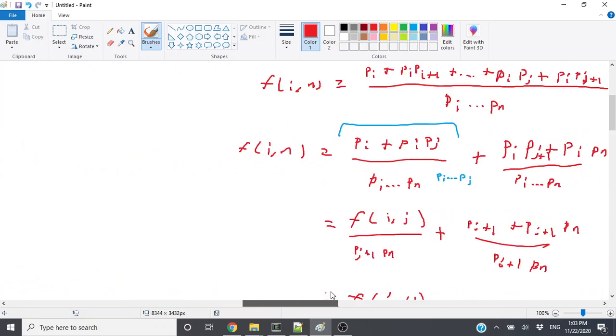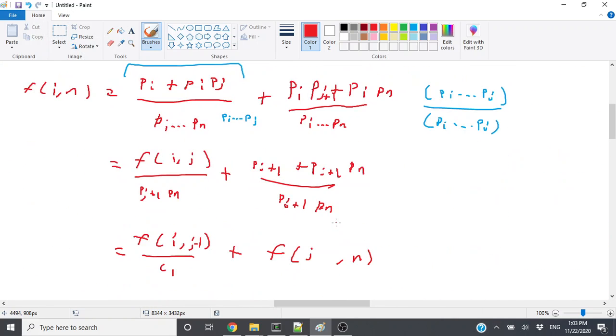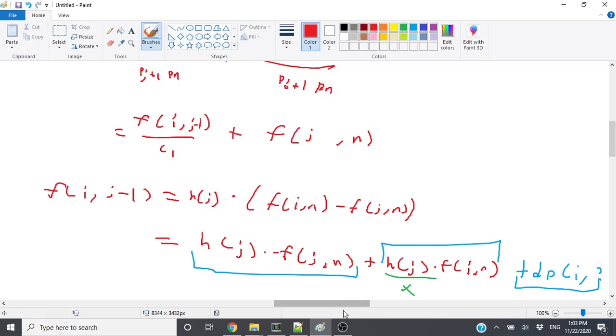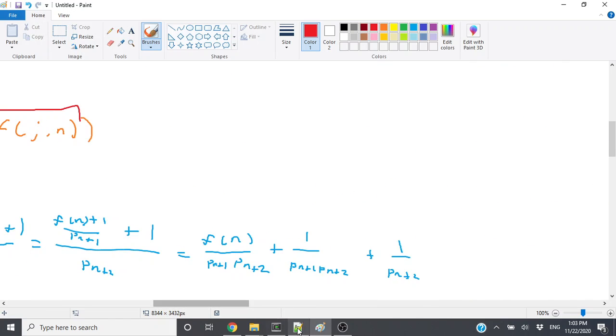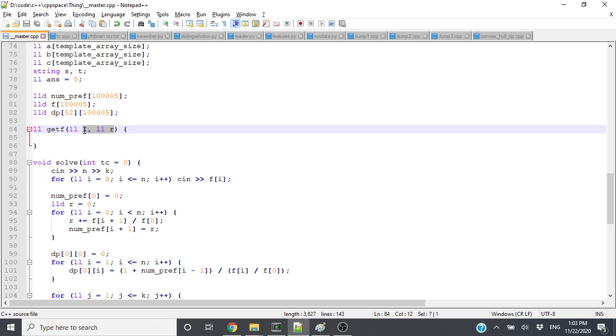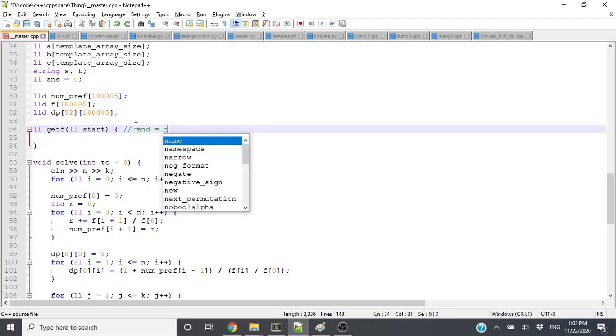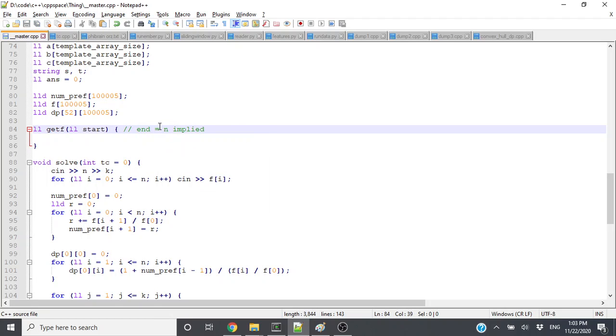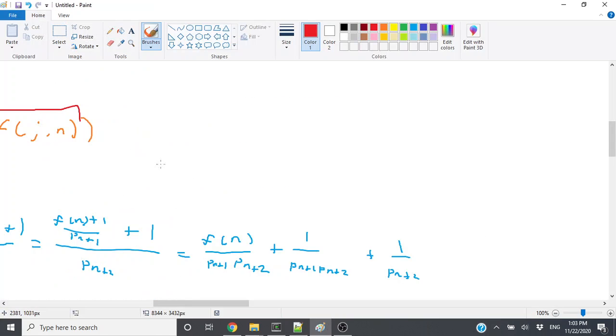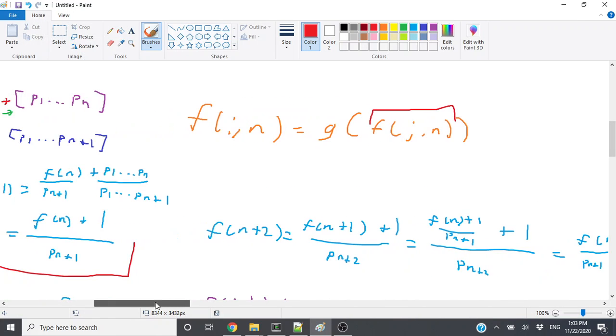Is it true that the only values we care about are suffixes? I guess so. Yeah, I think it would be. So the only values we care about are suffixes. Start. So then it would be like, where is this?